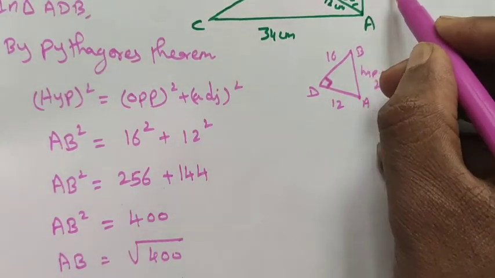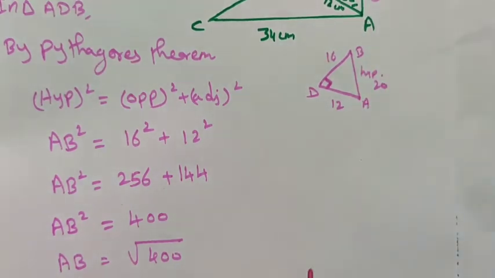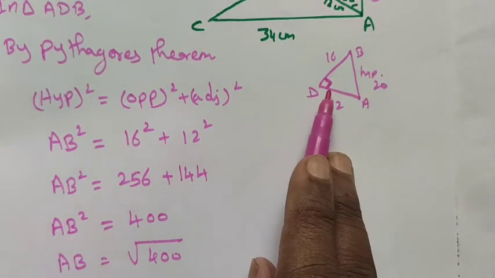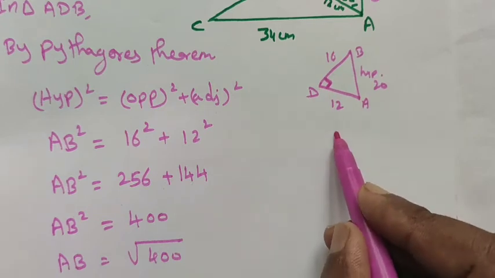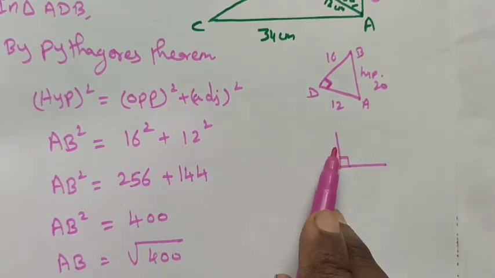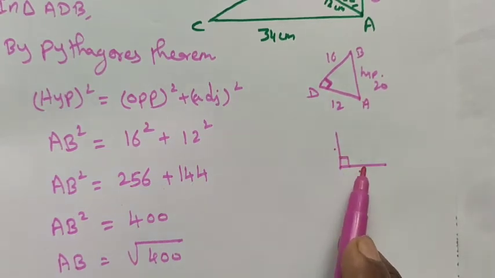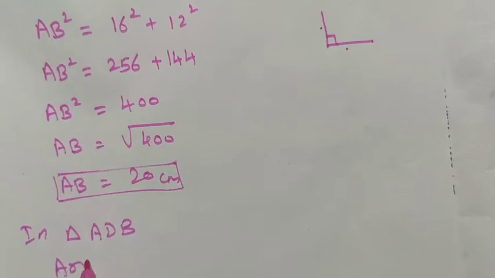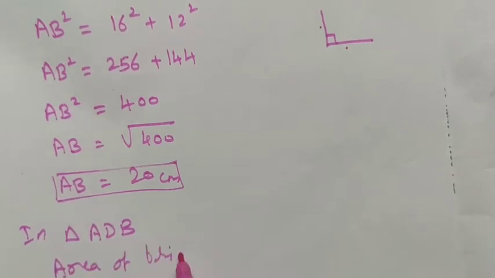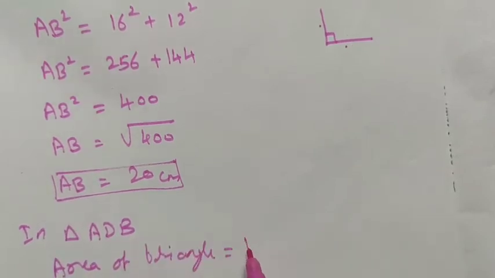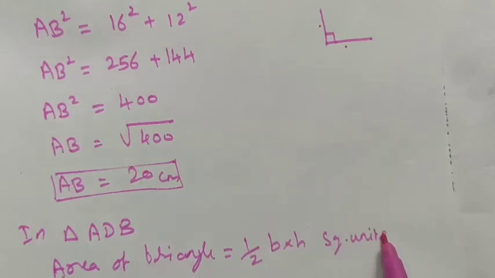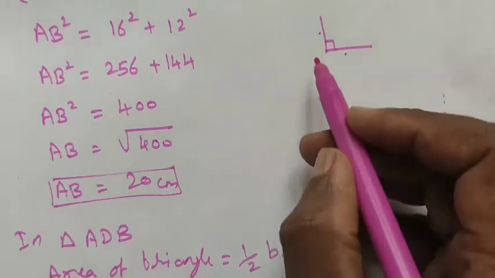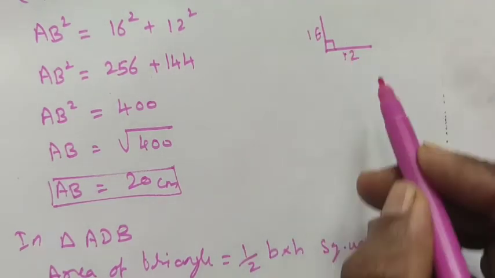Now in the same triangle, this is a right angle triangle, which means one of the sides acts as a height and another side acts as a base. So in triangle ADB, area of triangle is equal to half base into height square units. One side is 16, another side is 12.